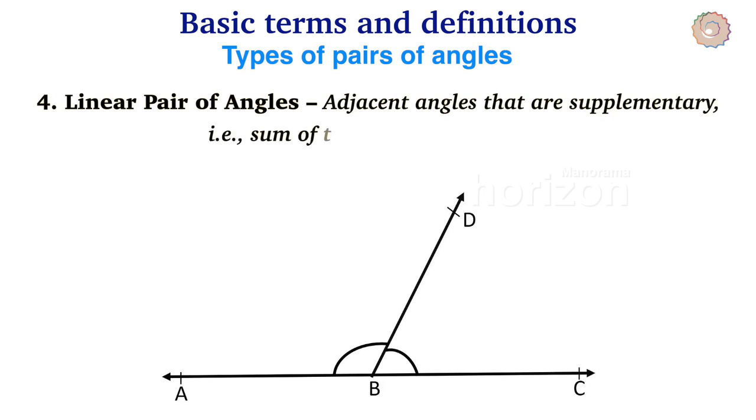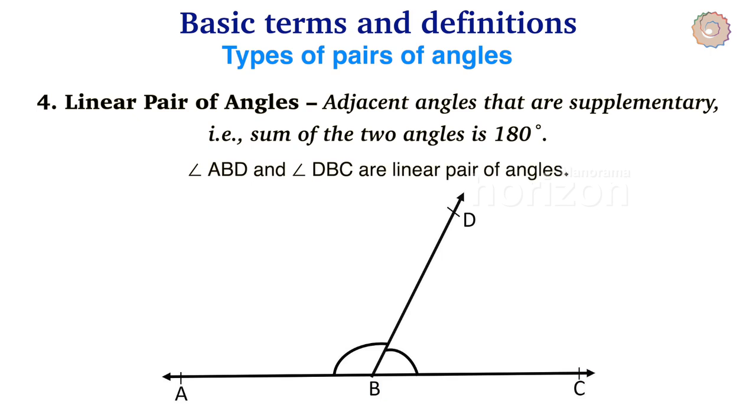And if these adjacent angles are supplementary, that is the sum of the two angles is 180 degrees, then they are called a linear pair of angles. Here the non-common arms BA and BC form a line, which means it's 180 degrees. So angle ABD and angle DBC are a linear pair of angles.